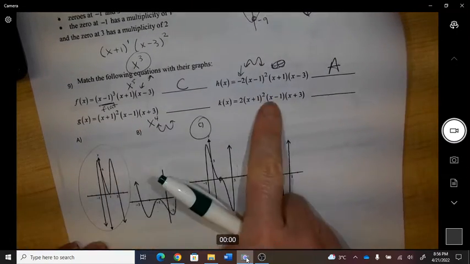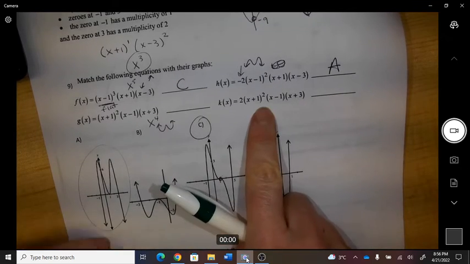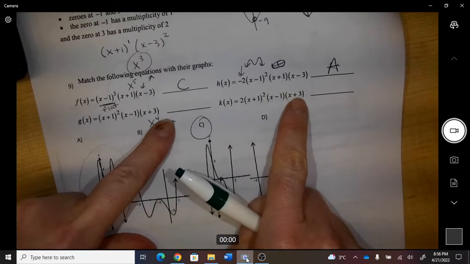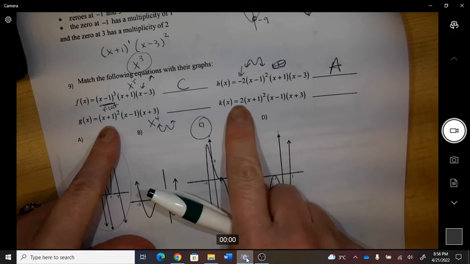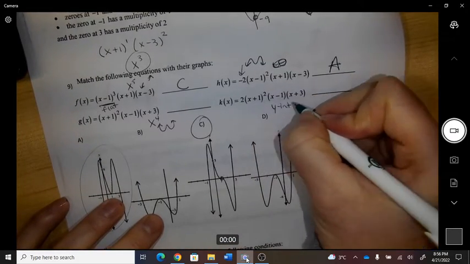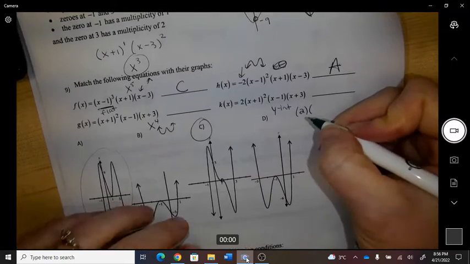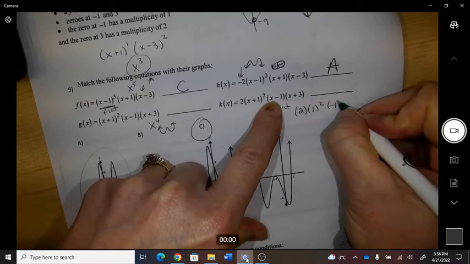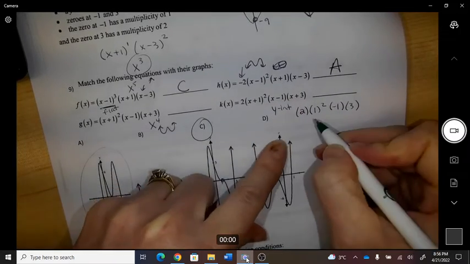Okay, so here and here, they're both W's, because 2, 3, 4. This is the same, this is the same, this is the same. So really, the 2 is what changes. So let's get the y-intercept. The y-intercept is 2 times 0 plus 1, 1 squared, -1, and 3.